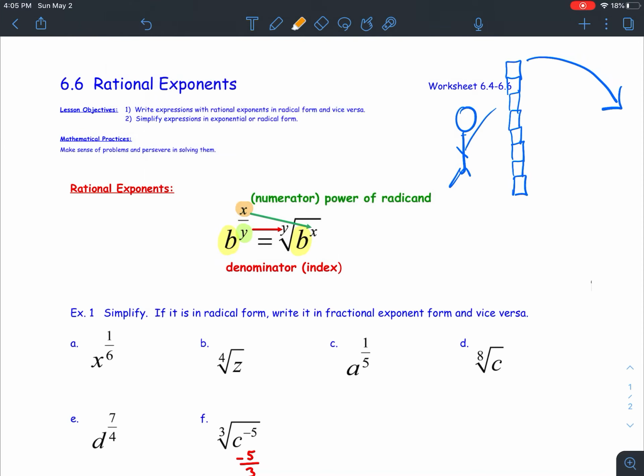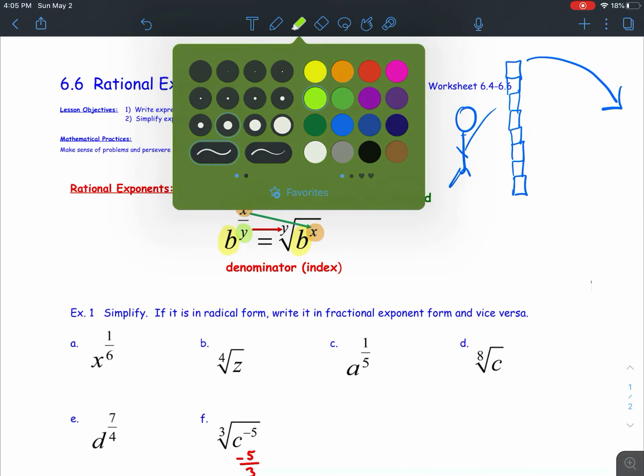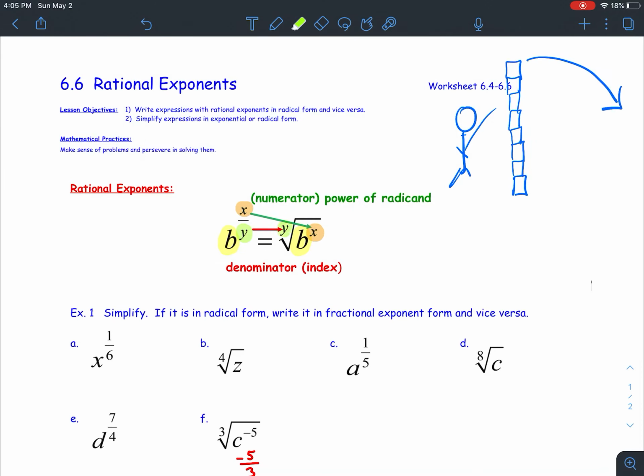And so you can see where that numerator gets placed is it just becomes the exponent on the b that's underneath the radical. The denominator doesn't fall as far, and so the denominator value becomes the index of your root.